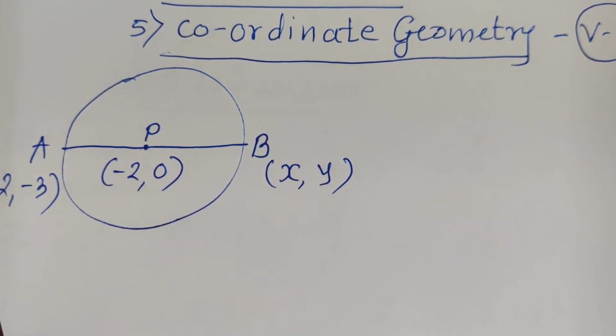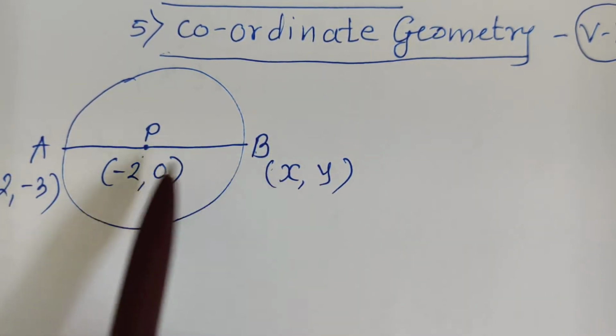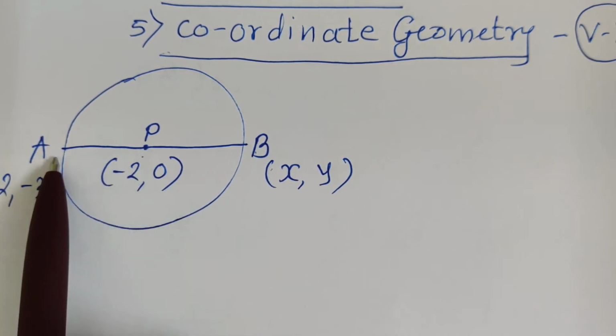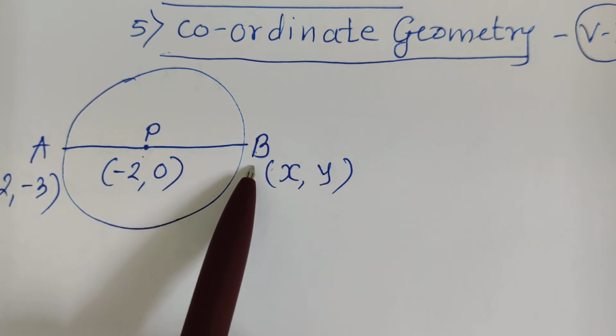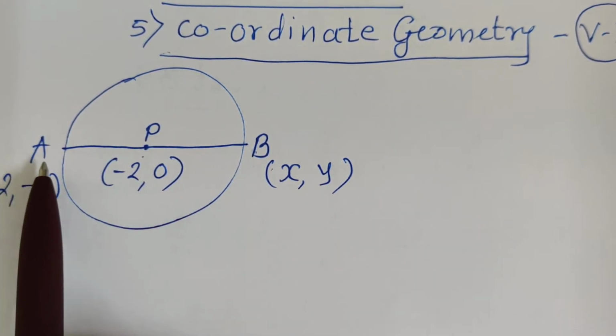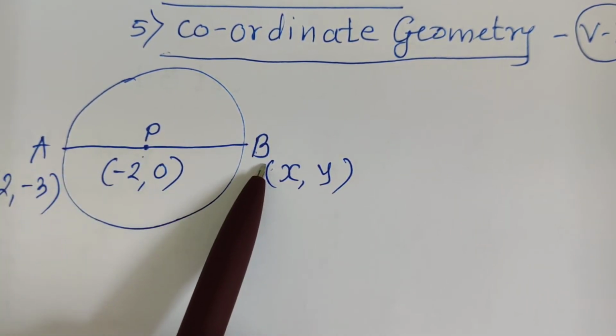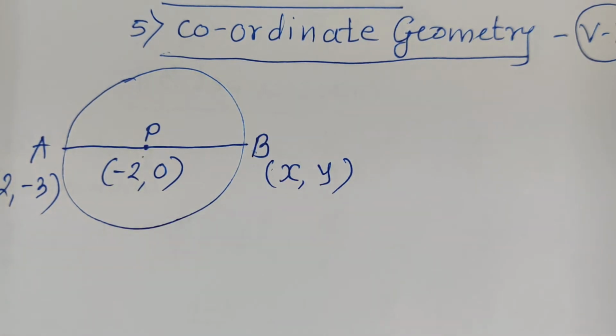That means P is the midpoint of the segment AB, because P is at the center, AP and PB are radii equal to each other. And to find the coordinates of B, we will use the midpoint formula.